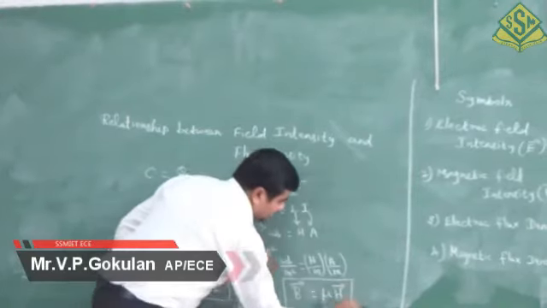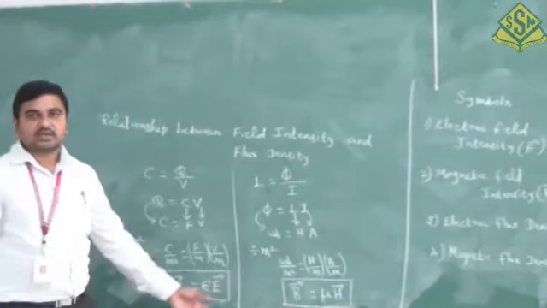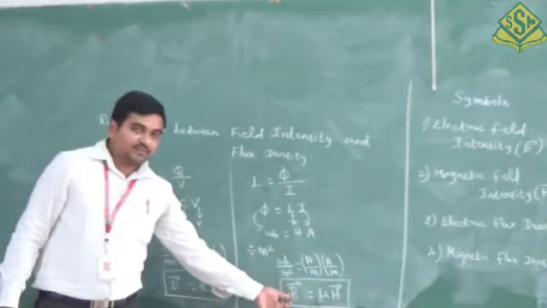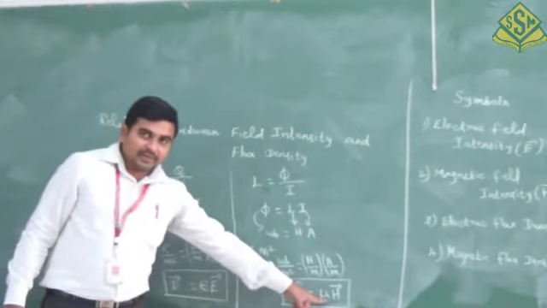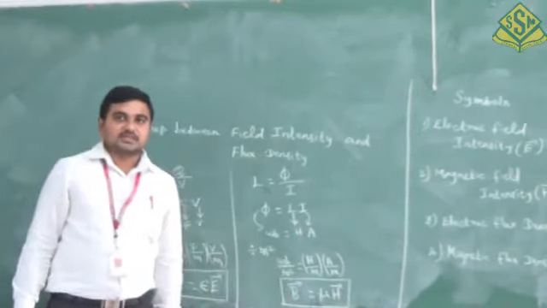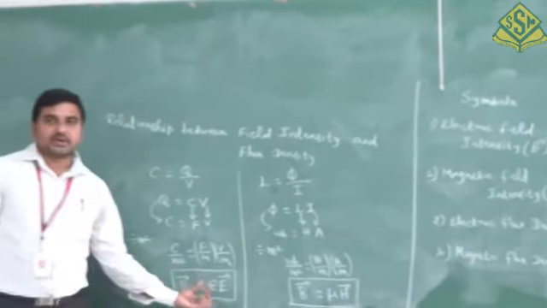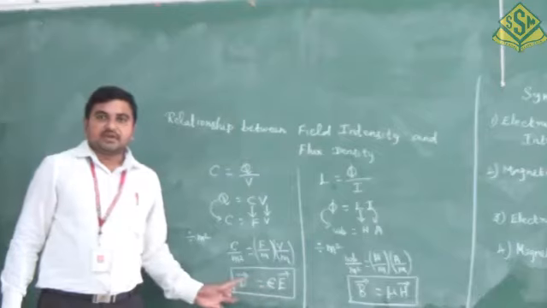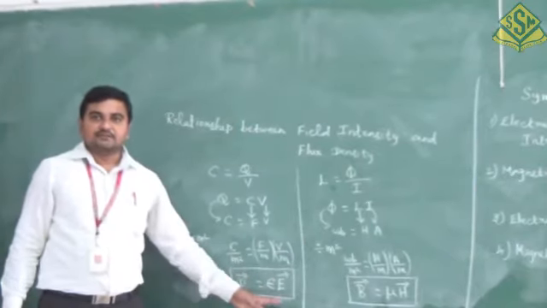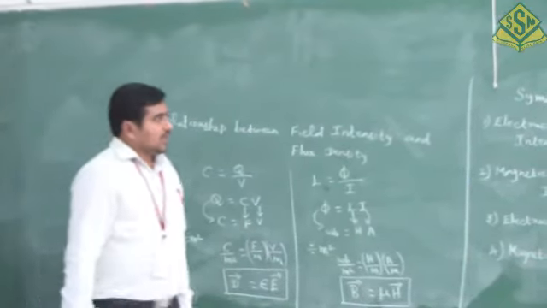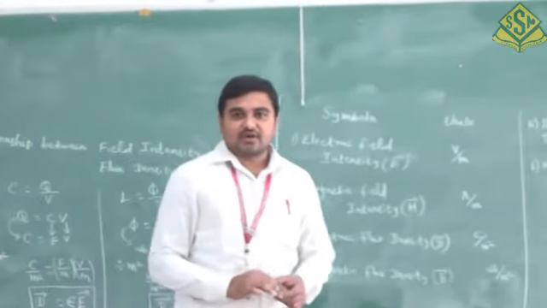So B vector is equal to mu into H vector. Magnetic flux density is equal to permeability into magnetic field intensity. These are the two most important relationships between flux density and field intensities. Our next topic is vector calculus.